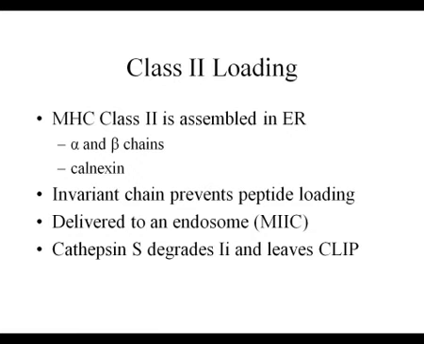And then in this case, there's something called an invariant chain that prevents the peptide from being loaded. It stabilizes it, and then it actually allows it to leave the endoplasmic reticulum and go into an endosome. These particular endosomes are called MIIC. And MIIC stands for the MHC class 2 compartment.